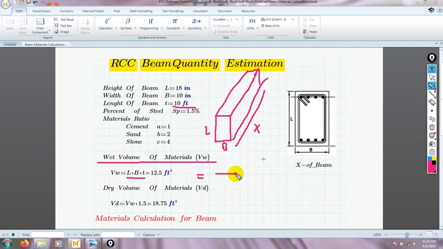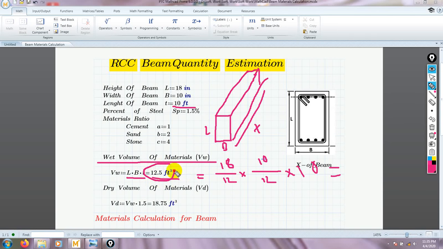VW equal to L means 18 inch, 18 divided by 12, into B means 10 inch, 10 divided by 12, into 10. After that, if we calculate that equation, we'll find 12.5 CFT, feet cube.